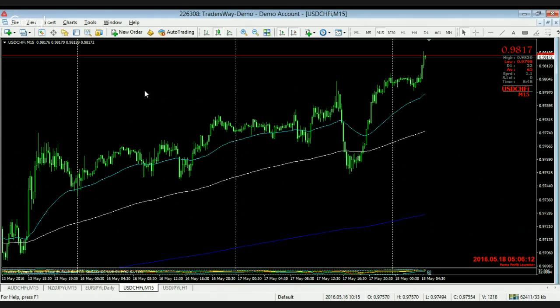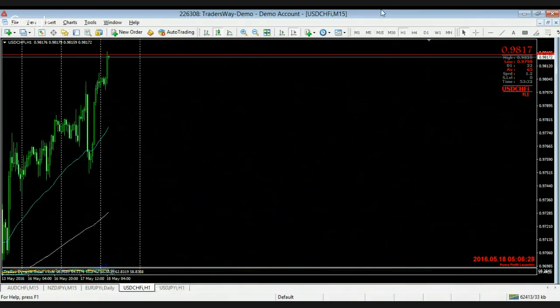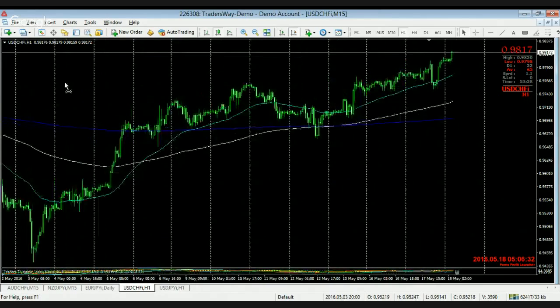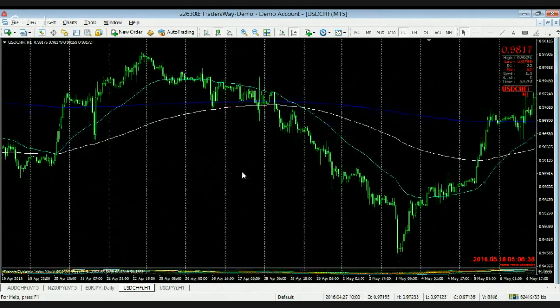So today, W formations. Now I'm going to show you guys what a W formation means in terms of the market maker. What exactly is he trying to do on this reversal formation? All right, so let's find a W formation here.